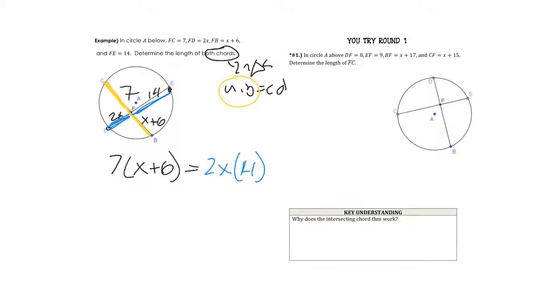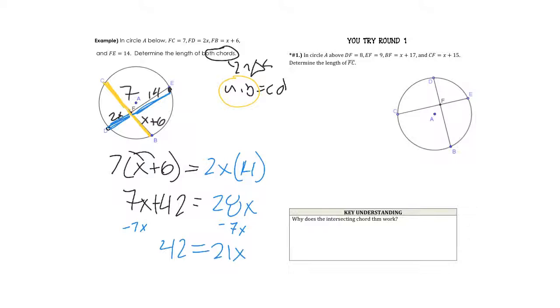So it's the pieces of the same line multiplied by each other. So this side we distribute, we get 7x plus 42 equals 2x times 14 is 28x. Subtract 7x from both sides. 21x equals 42. Divide by 21, x equals 2.